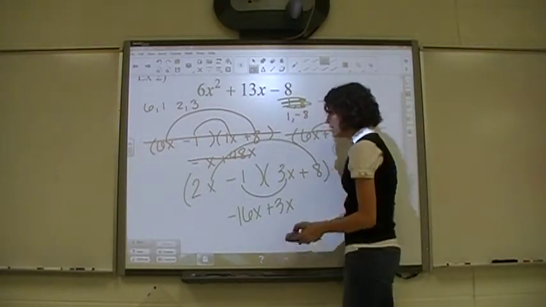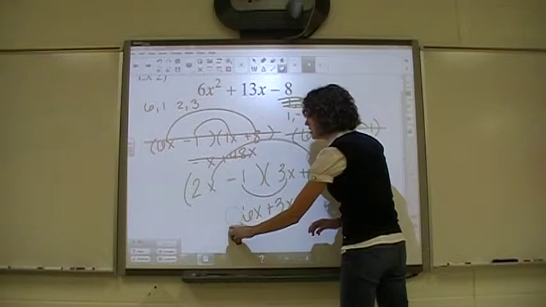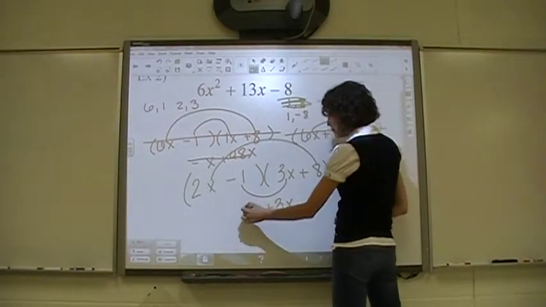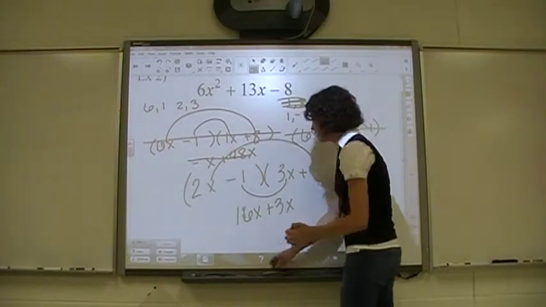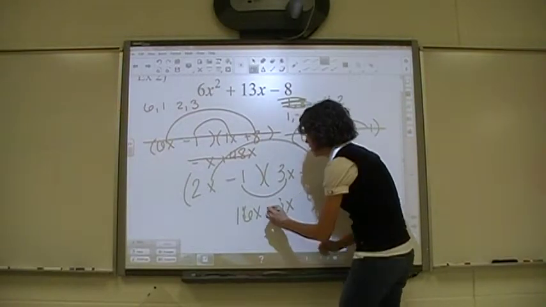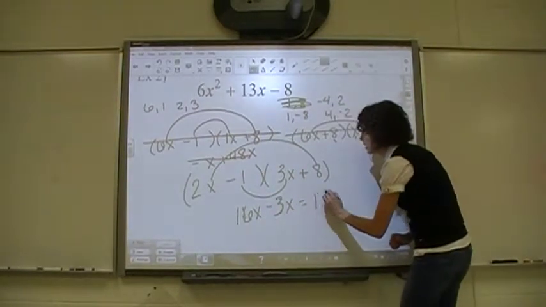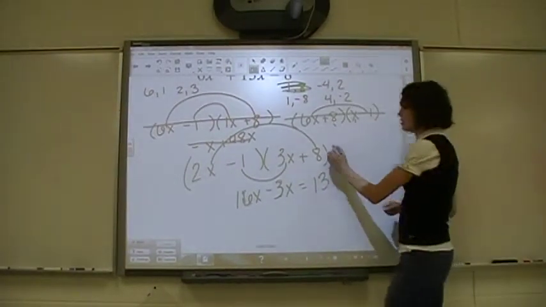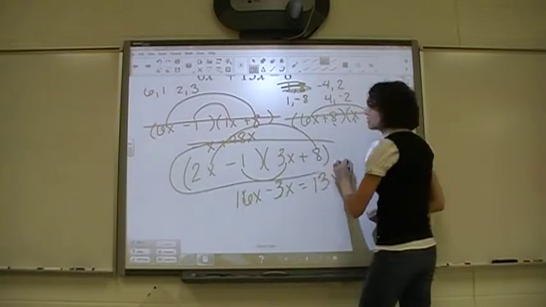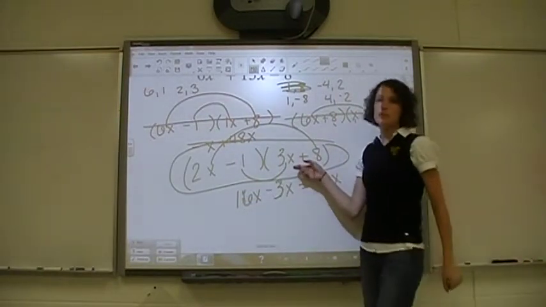Then I would have a positive 16x and then a -3x, which would give me 13x. So the answer that I want is this one right here: 2x minus 1 times 3x plus 8.